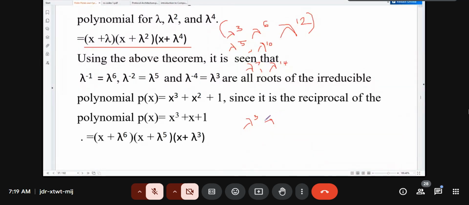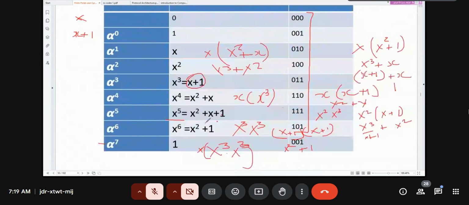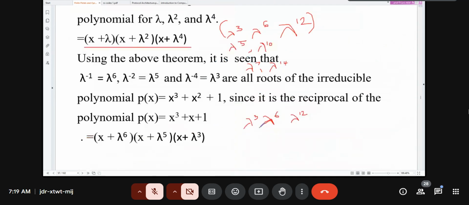You have lambda to the 3, lambda to the 6, and then lambda. Now here, you're getting lambda to the 5 from this actually. That's why lambda to the 5 is coming here. Because you can get lambda to the 5, in this case, from lambda to the 7 by getting lambda to the power of 12, which is lambda to the power of 7 into lambda to the power of 5.